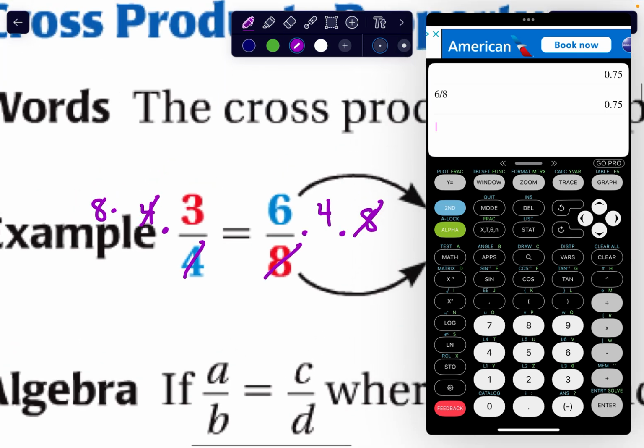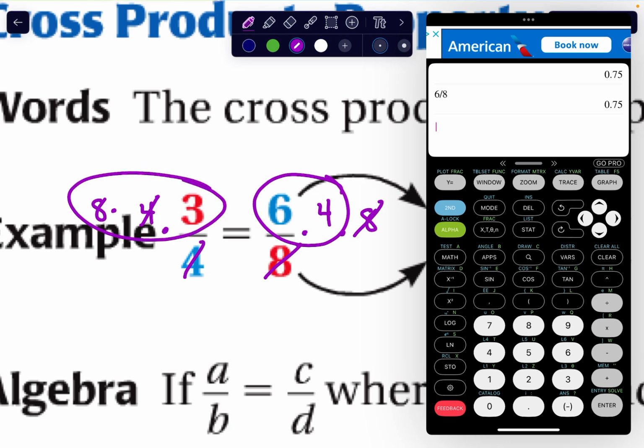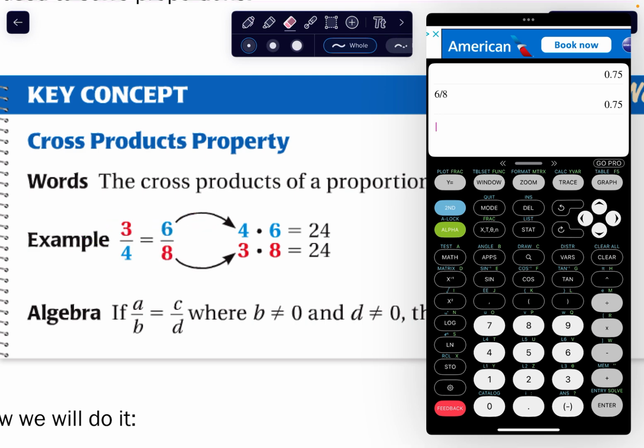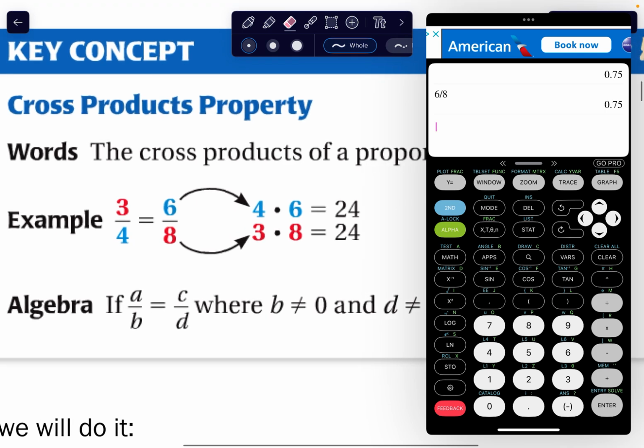And so what are you left with? We're left with 6 times 4, and since that 4 is gone, we're left with 8 times 3. So cross products is an even shorter way of doing that step. That's how you get rid of fractions in an equation. If you multiply everything by the denominator, the factor cancels out the denominator and you get rid of the fractions.